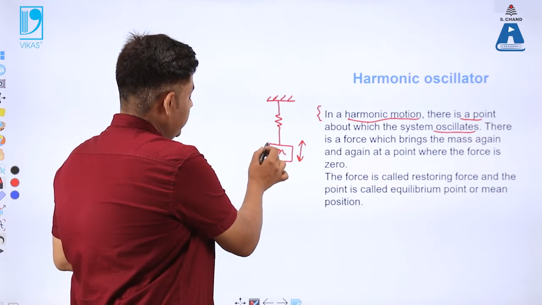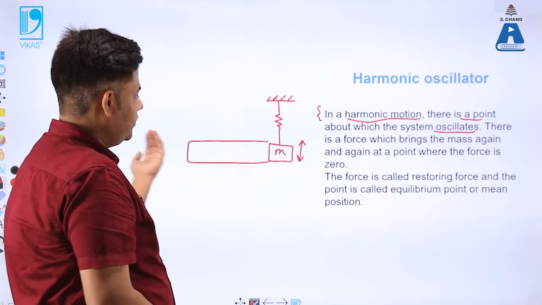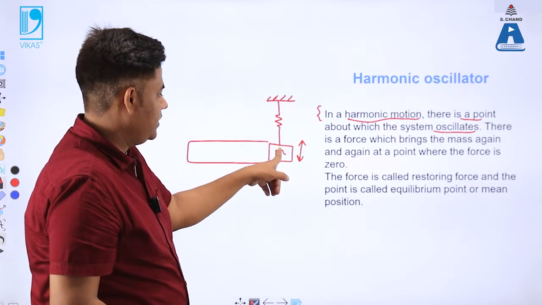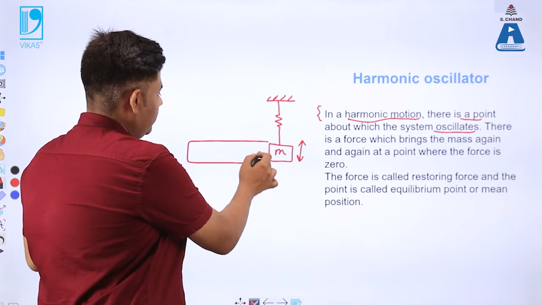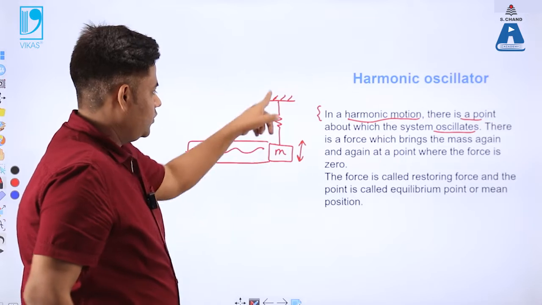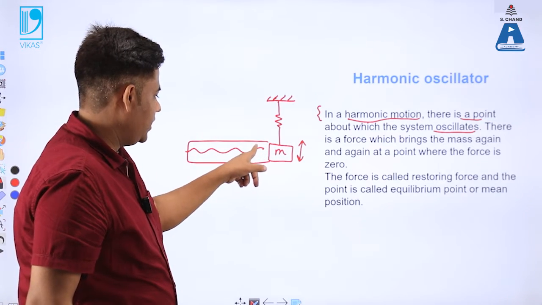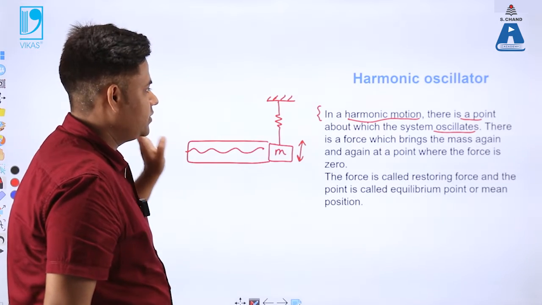Now here if I place, let's say, a paper that keeps on moving along the surface, and I place a pencil here, what will happen? It would create oscillations like this. So when this is moving and I have placed a pencil here, I will get these oscillations.